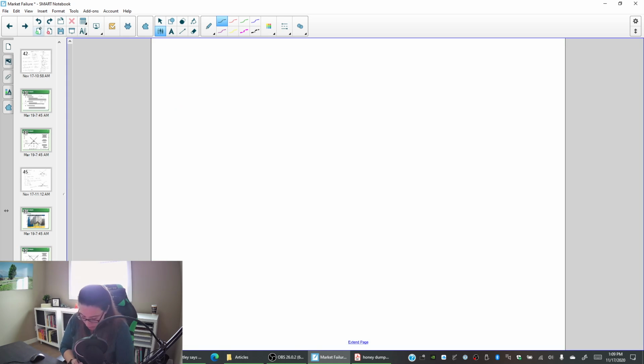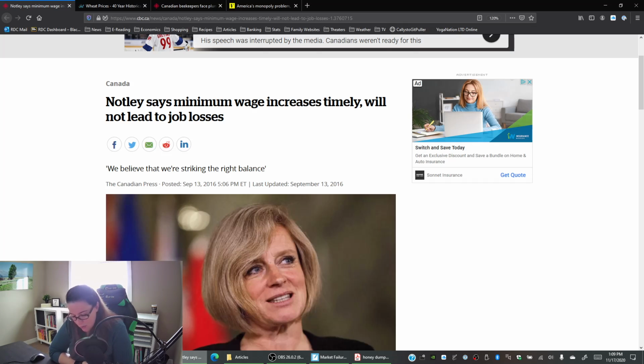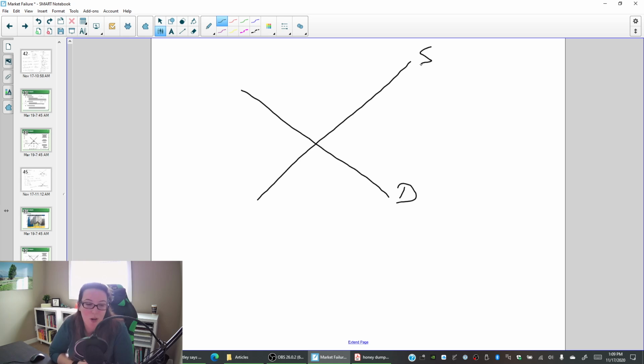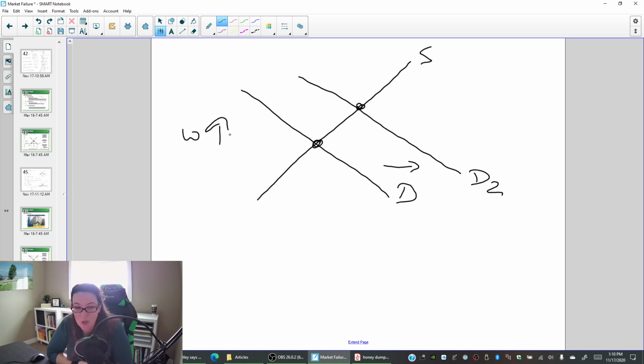Or how can Notley argue in this article here that it's not going to lead to the unemployment we see on the graph? Well, if this is the demand for workers and this is the supply of workers, if there is an increase in demand for workers, so we can get businesses to grow and expand and hire more people, then that would cause wages to go up.